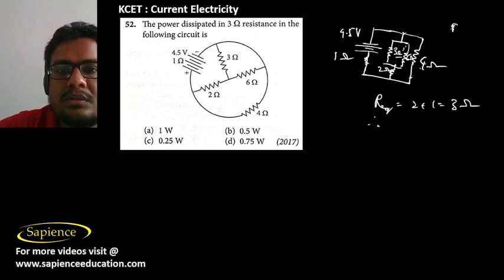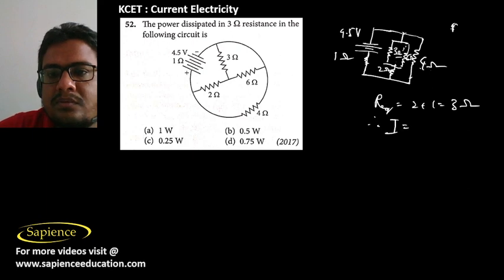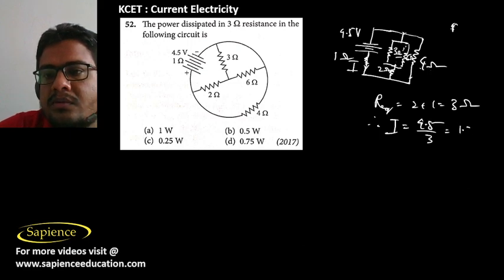So the current that will flow from the battery will be 4.5 volt by 3, that is 1.5 ampere.